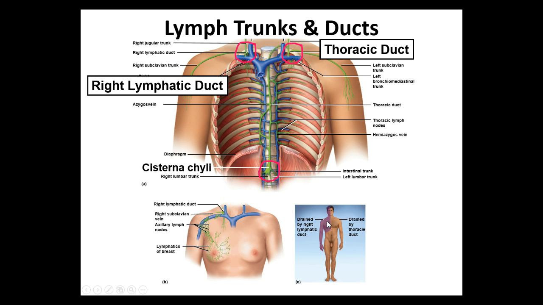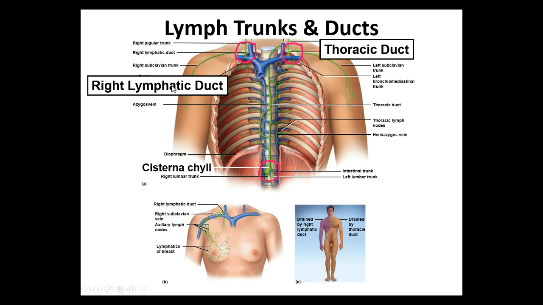And if we look at the drainage of this very small area we call the right upper quarter, not to be confused with the right upper quadrant of the abdominal region, you can see that the right side of the head, thoracic region, and right arm drain a little bit differently.